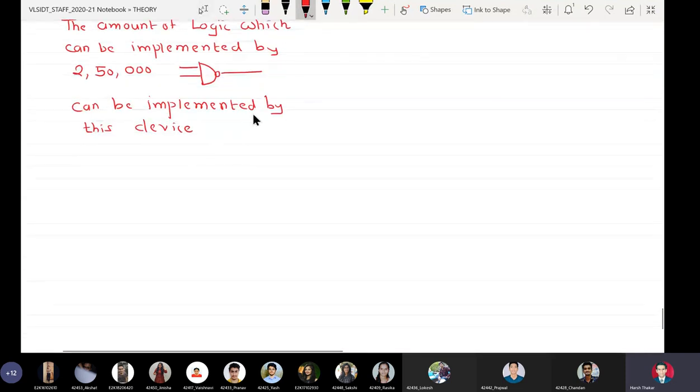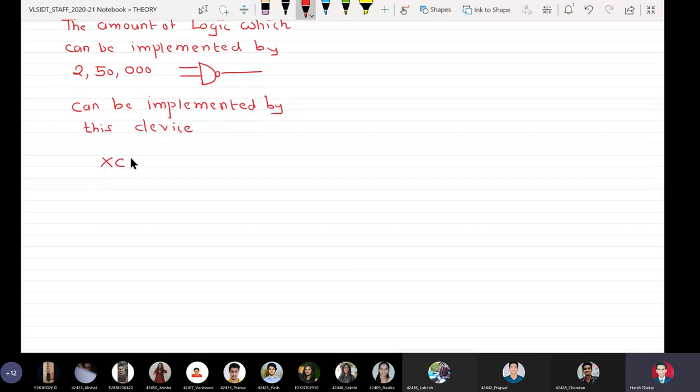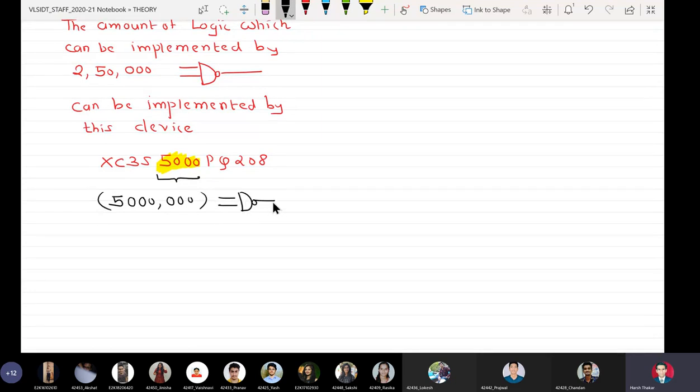Similarly, if I write a number like XC3S5000 PQ208, then here 5000 will indicate the capacity. So that means this device contains 5,000 equivalent two-input NAND gates.